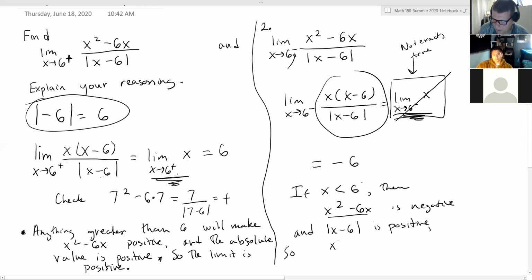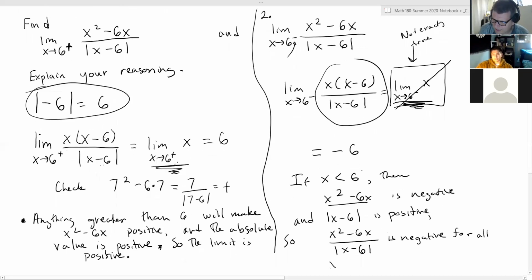So x squared minus 6x over the absolute value of x minus 6 is negative for all x less than 6. And that's why our limit is actually equal to a negative number.